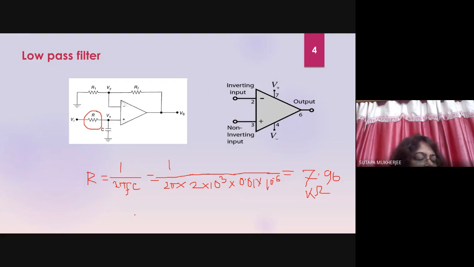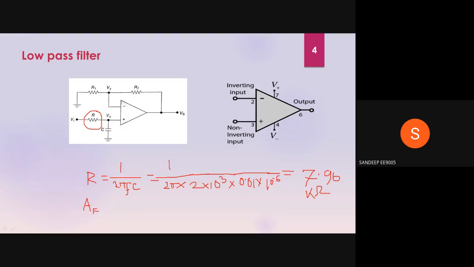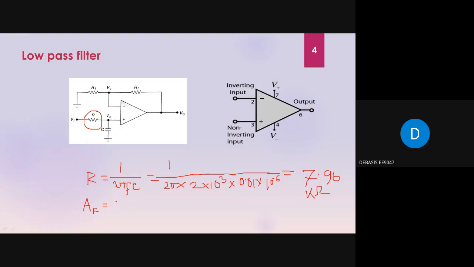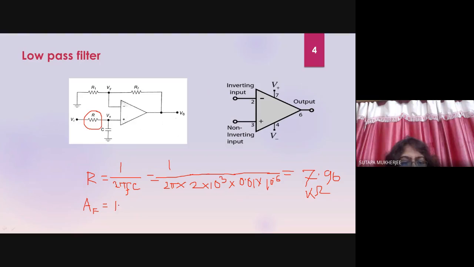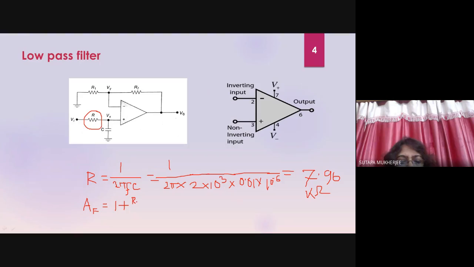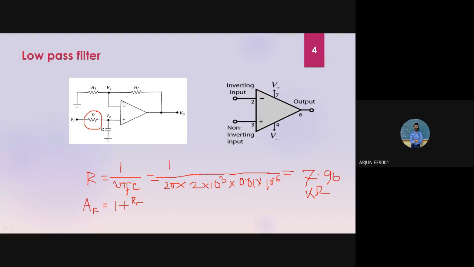Okay. Now what is gain? AF equal to what? Output voltage by input voltage, that is 1 plus RF by R1.